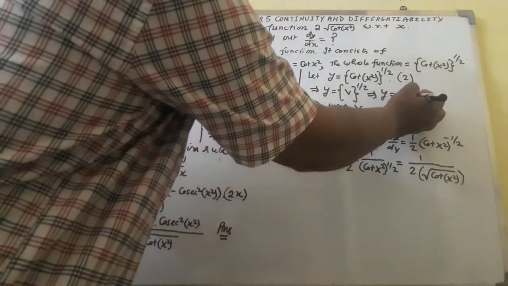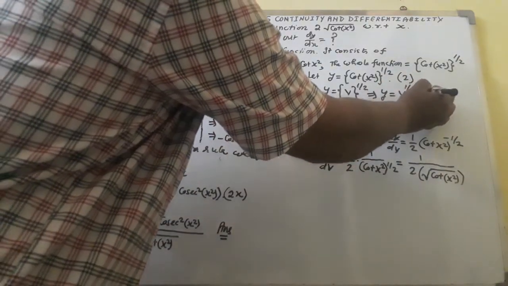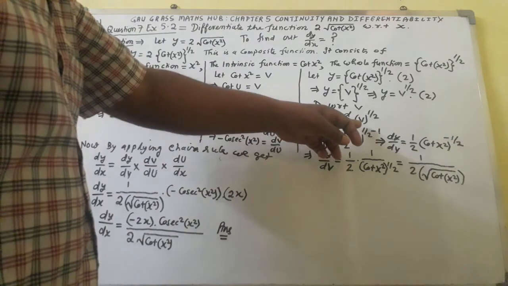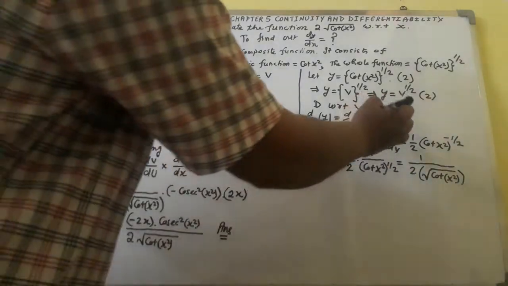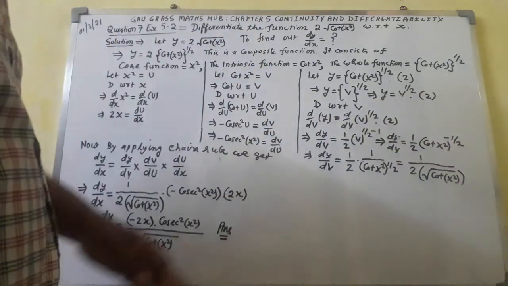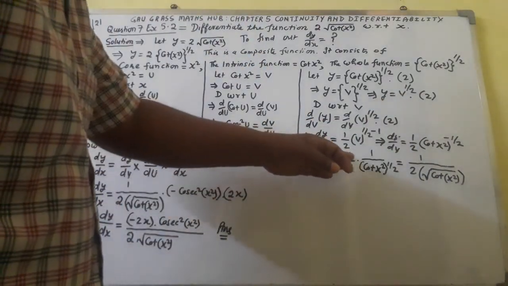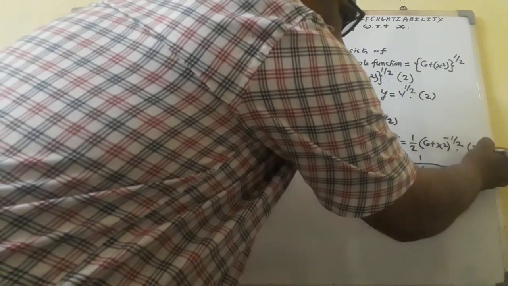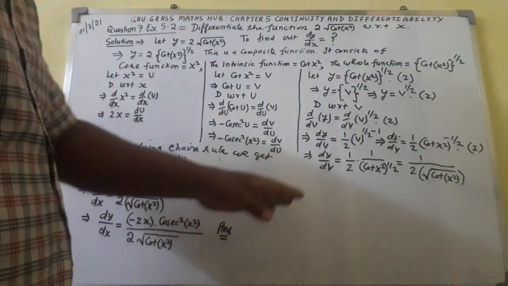this thing will become, here 2 will be there. Here 2 is constant, so here write 2. And again dot, in bracket 2.